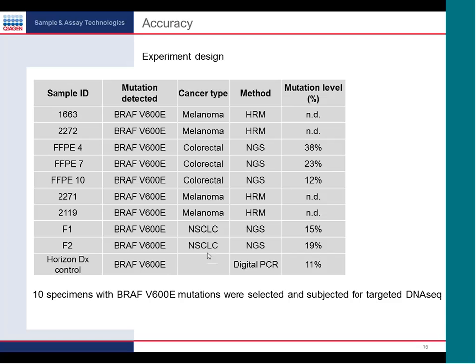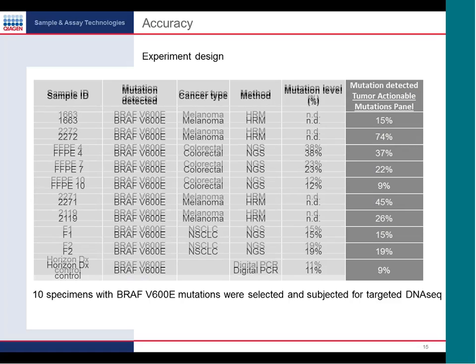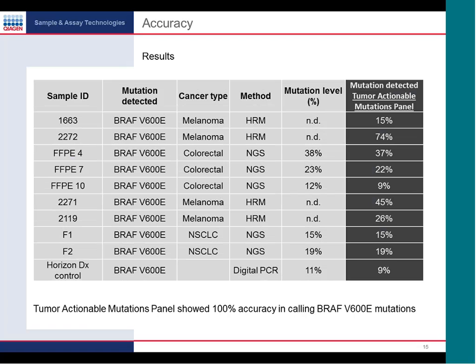Then we tested them using our targeted DNA-seq gene panels, and here are the results. As you can see, all the mutations have been accurately detected by our tumor actionable mutation panel. So it shows 100% accuracy in calling the BRAF V600E mutation.